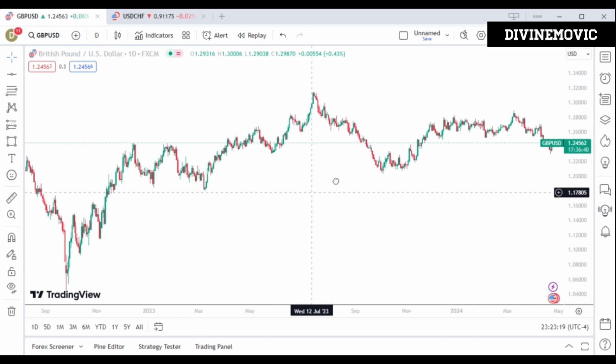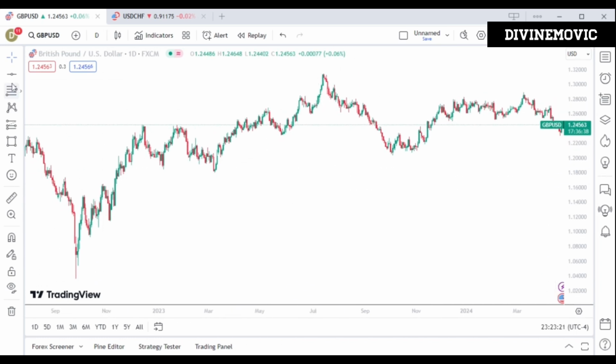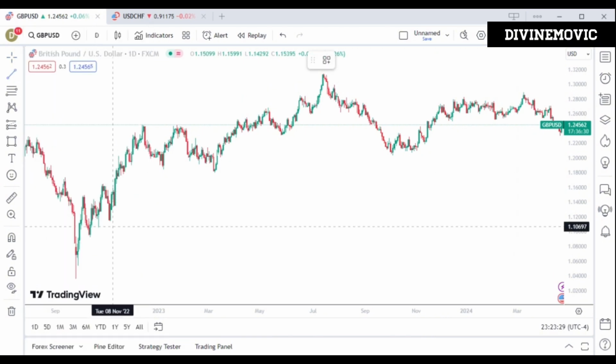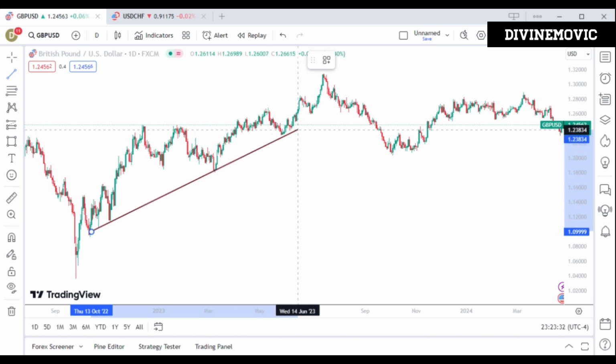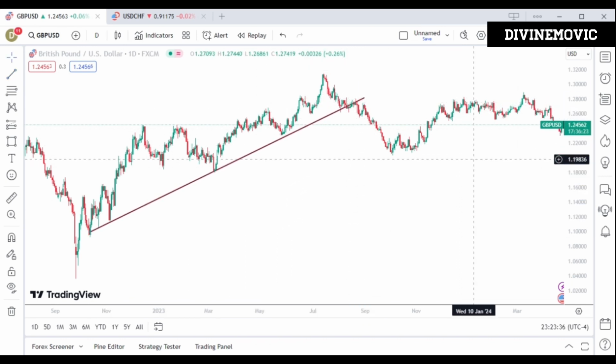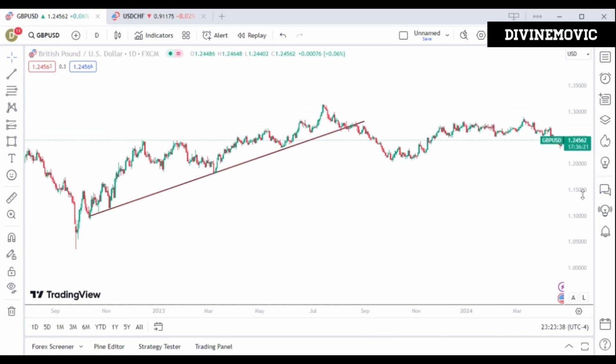Now on the daily time frame, if you look clearly with our trend line, you can easily see that price was simply going to the upside from this trend line here. And at a point, price broke out from the trend line.